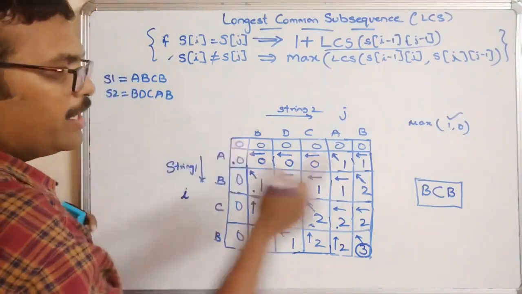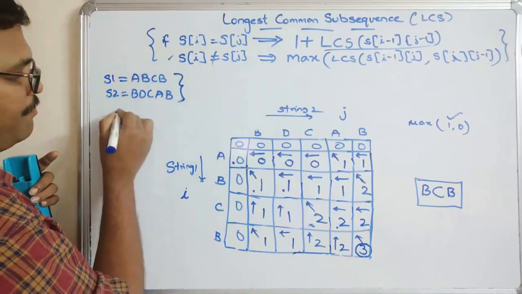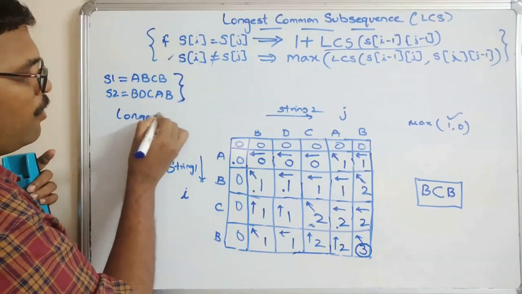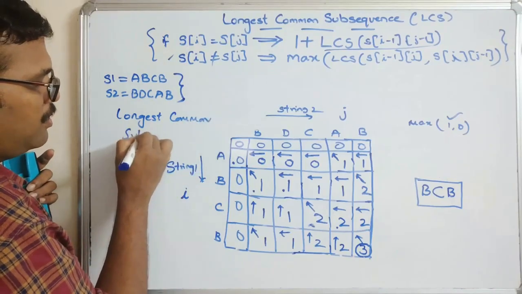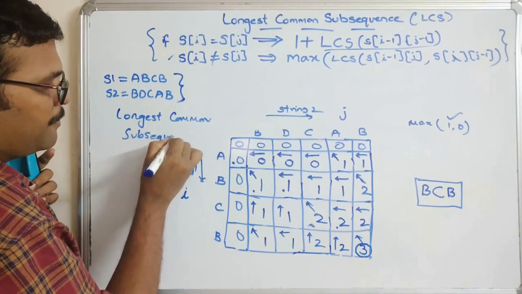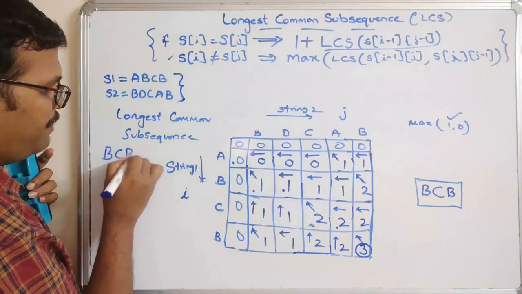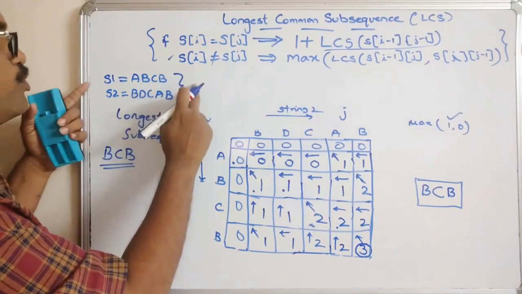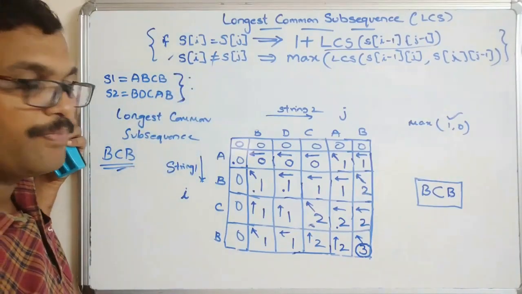So the longest common subsequence among these two strings is BCB. Among these two strings, it is BCB.